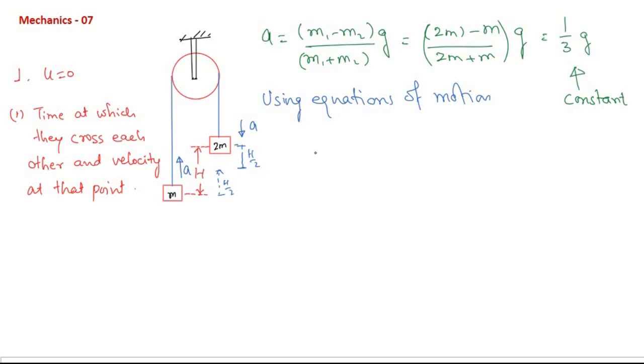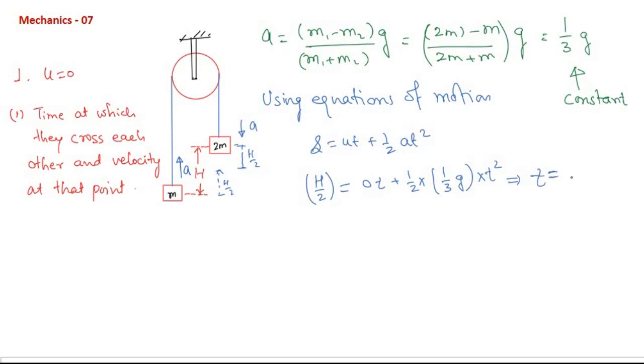Using the equation of motion, s is equal to ut plus half a t squared, s is h by 2, initial velocity is 0, and acceleration is 1 by 3 times g. From simple calculation you will get the time t equal to under root of 3h by g. This is the time after the motion starts when both masses will meet.